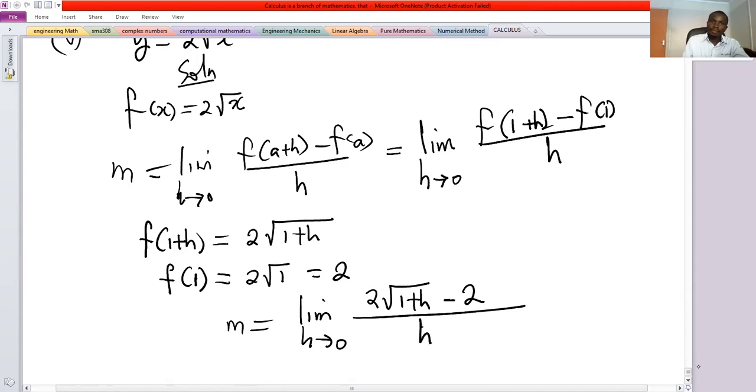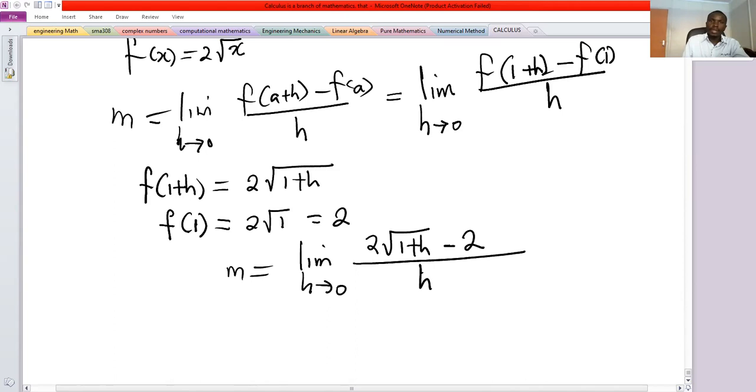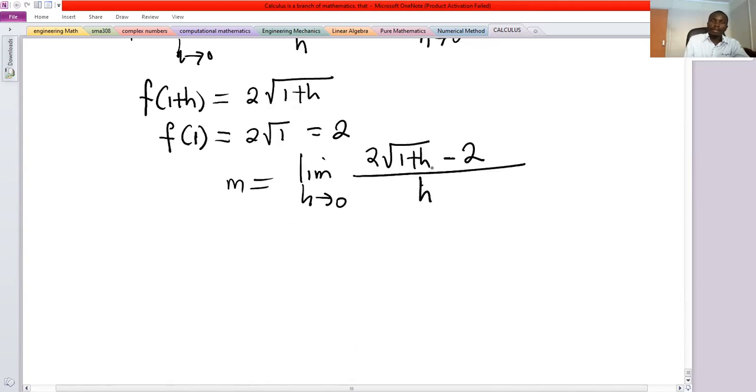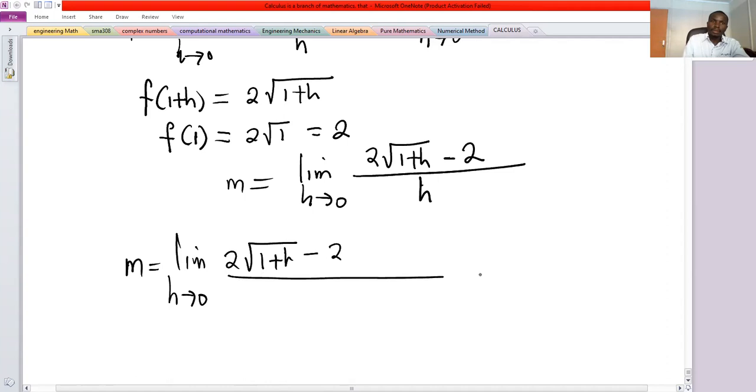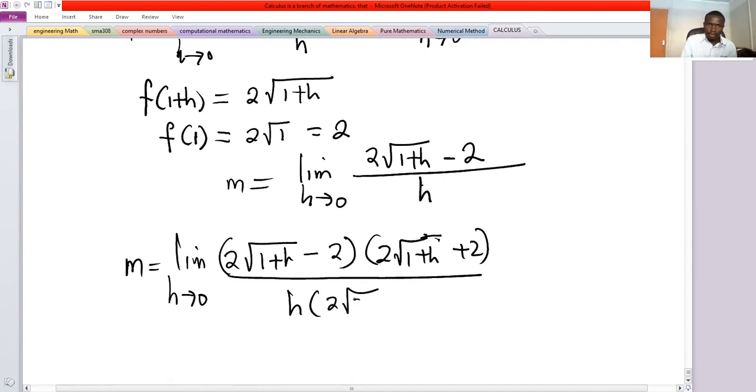over h. Here you use rationalization of the numerator. So m is limit as h approaches 0, 2 root 1 plus h minus 2 multiplied by the conjugate of this, h into 2 root 1 plus h plus 2.